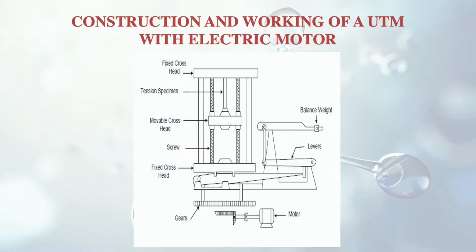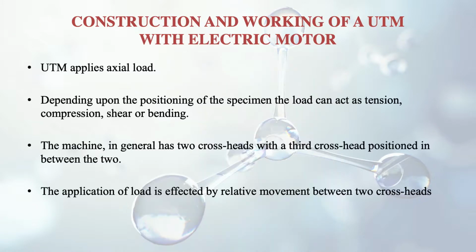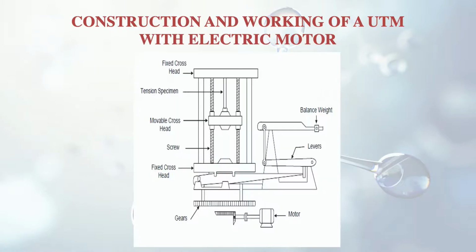Whenever the load is acting along the axis of a specimen, it is axial load. So here you can see in the figure, this is the specimen and the load will be acting along its axis. Depending upon the positioning of the specimen, the load can act as tension, compression, shear or bending. So as I told, if this axial load is pulling it out, then it is tension.